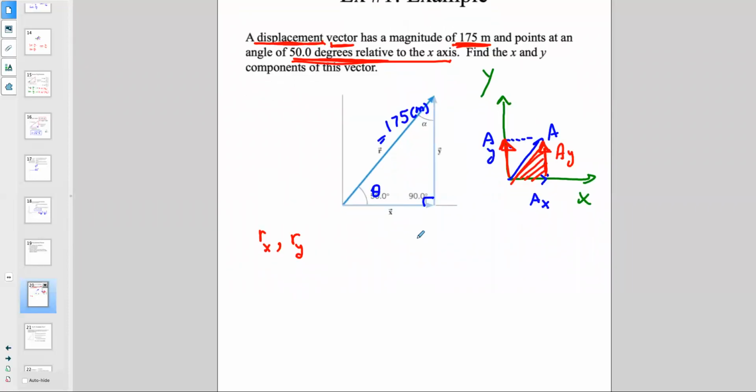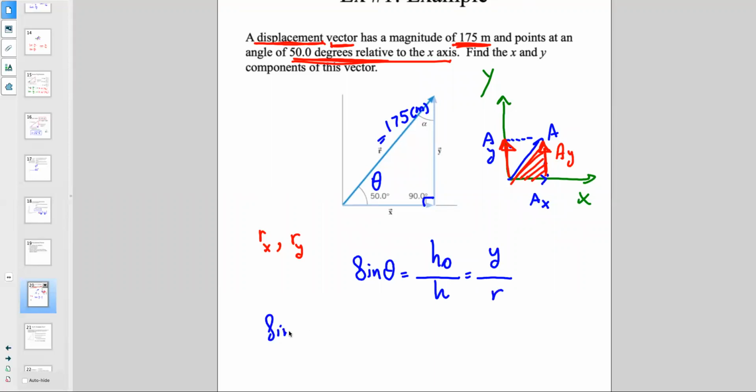So right now you can just write the sine of theta being y over r, correct? Let me actually write it as opposite over hypotenuse, it will be more efficient. Sine of theta is opposite over hypotenuse, which is y over r.